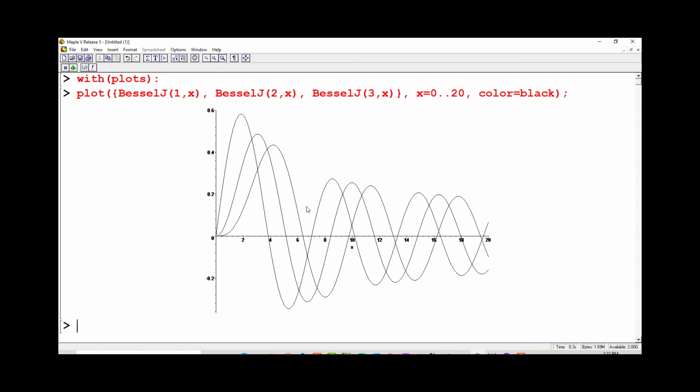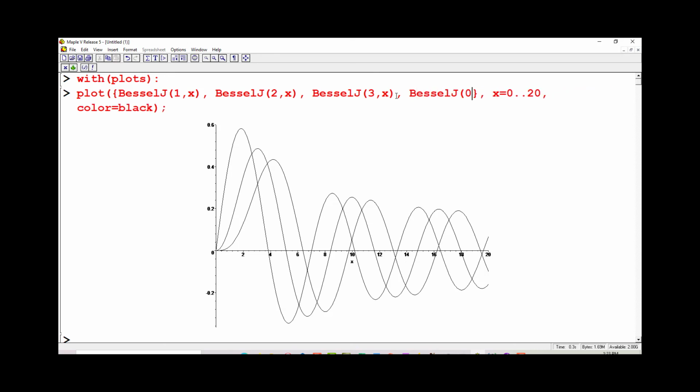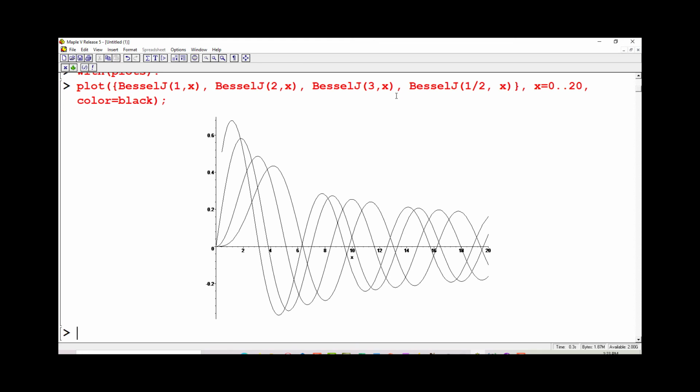And you can see that these all have a very similar shape, all starting at the origin, oscillating an infinite number of times with decreasing amplitudes. And yet, this will cross the x-axis an infinite number of times. Let's add in something of p equals 1/2. And this will also come down through the origin. Let's throw in one more.